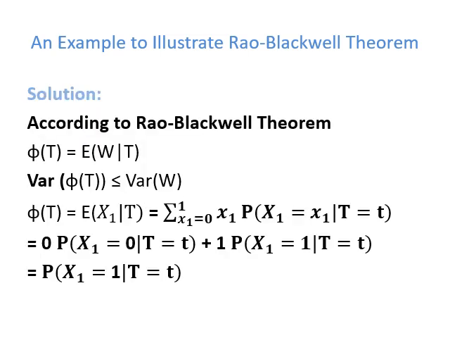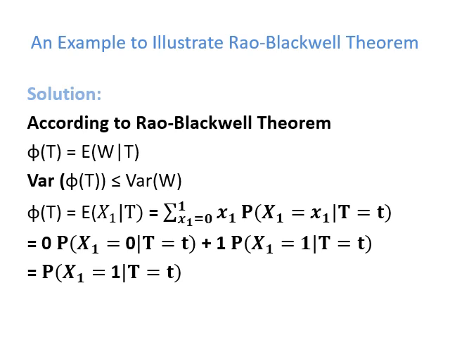So again, according to Rao-Blackwell theorem, we have that phi of t, which is the expected value of W given t, has variance less than or equal to the variance of W. So in order to illustrate the theorem, we have to show that in this particular example, variance of phi of t is less than or equal to variance of W.